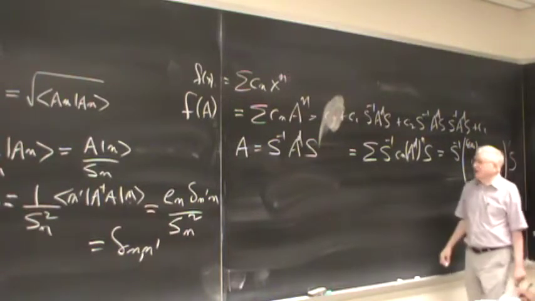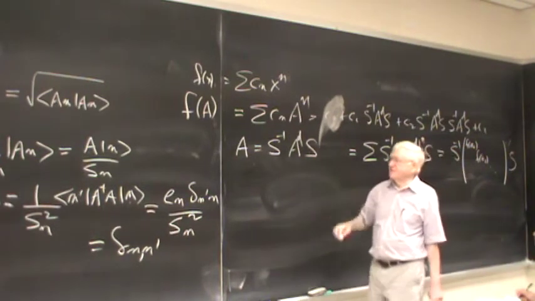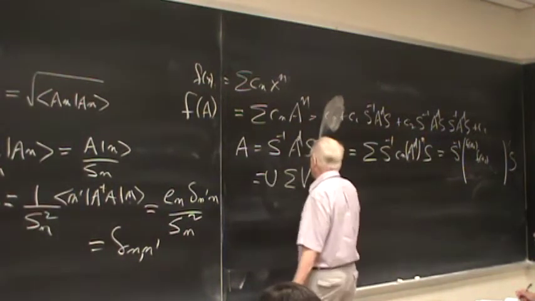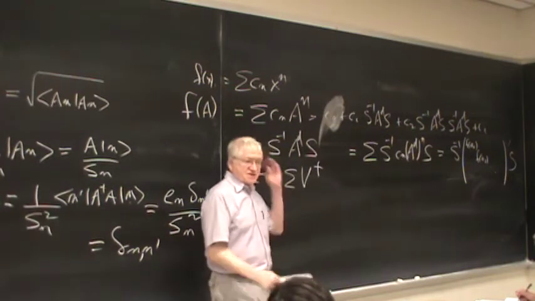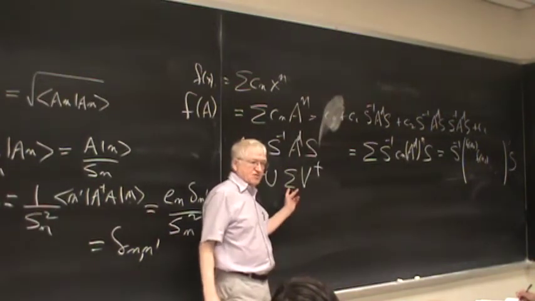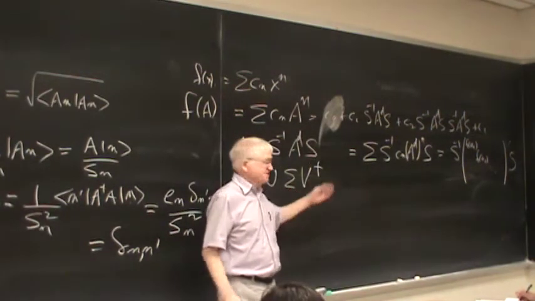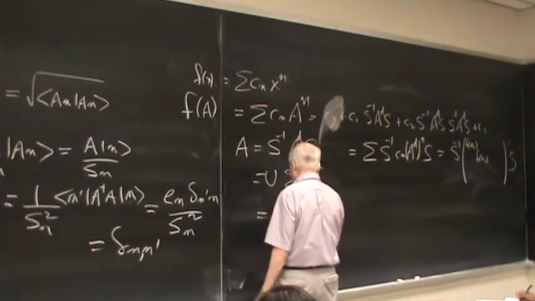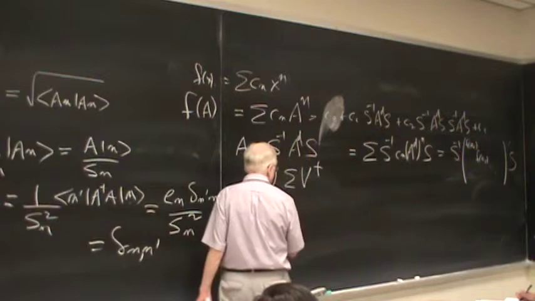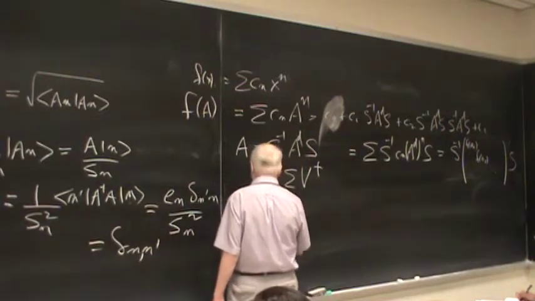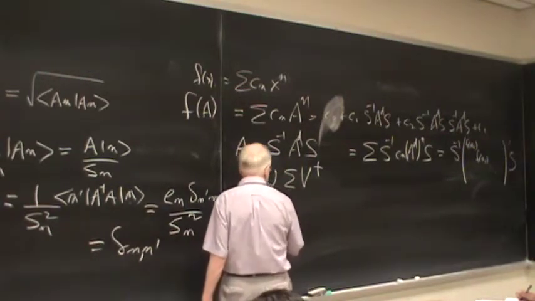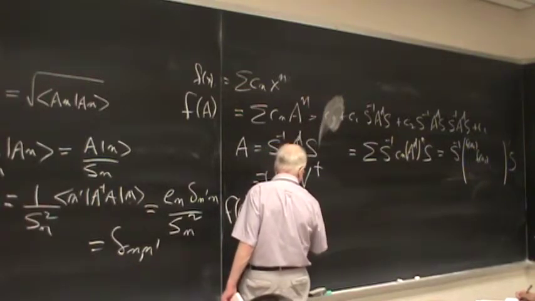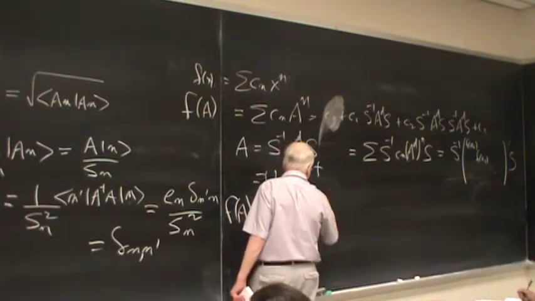So that's, in fact, I don't even know why I did this. I could have just written this as U sigma V dagger in the square case. This is a square matrix. So in MATLAB language, F of A is U, F of sigma, V dagger.